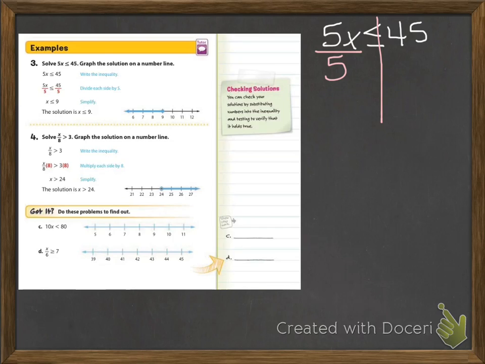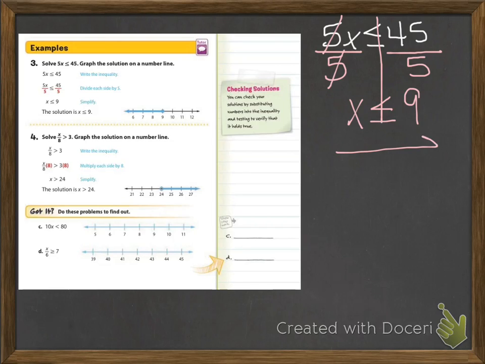And then on the other side, you have a 45, so we're going to underline that and put a 5 underneath that. What this reads as is 5x divided by 5 is less than or equal to 45 divided by 5. So these 5's cancel out because they equal a 1. Bring down your x along with your inequality symbol. And then on the right side, you have 45 divided by 5, which gives you a 9.